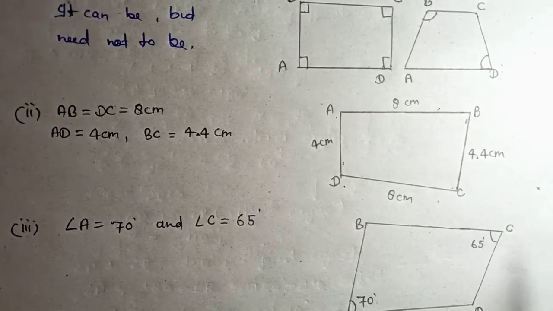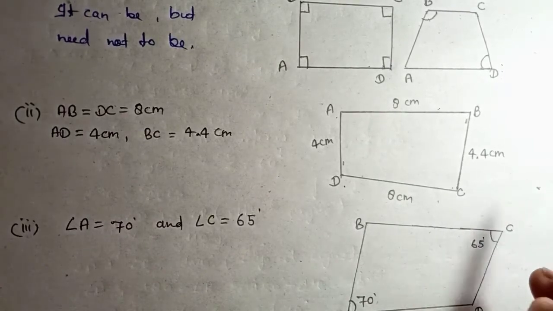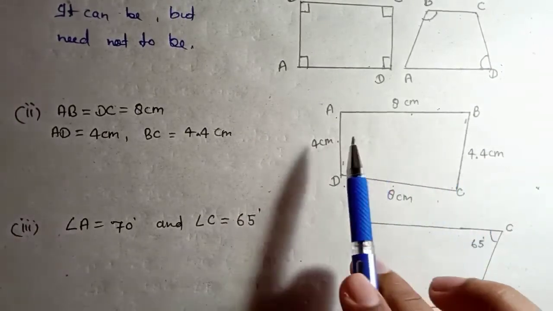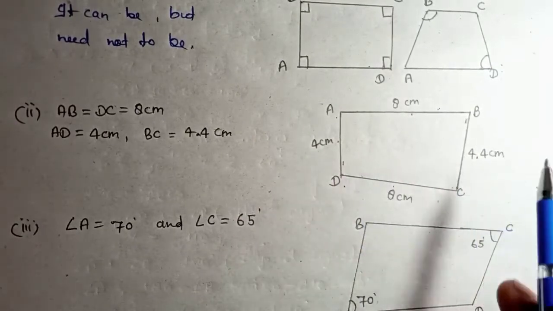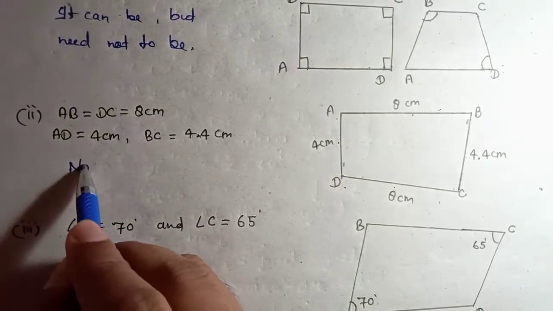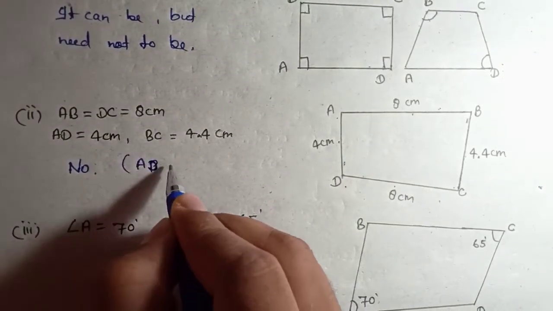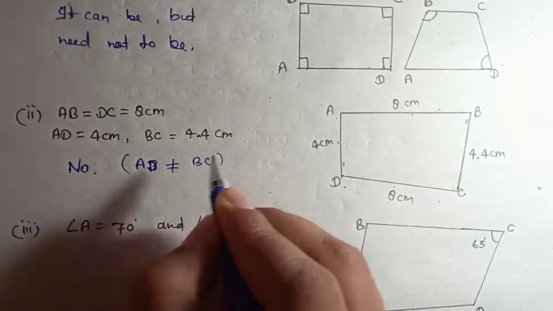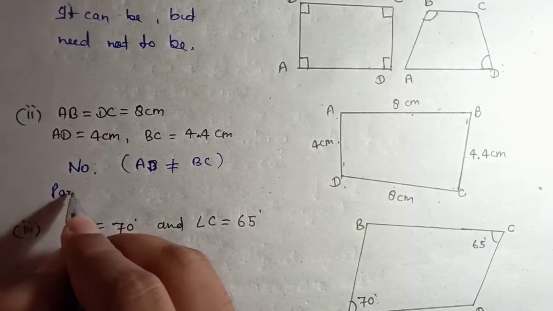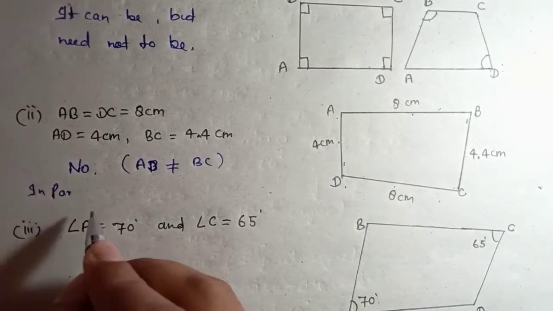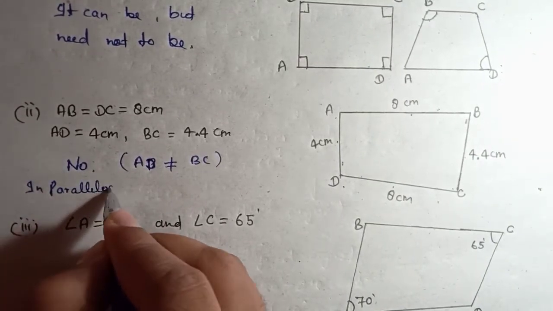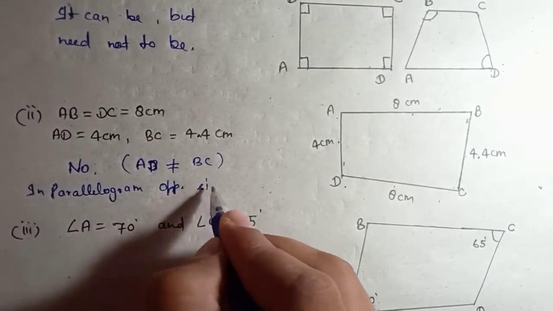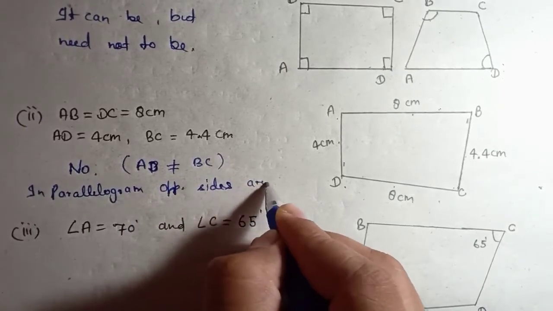No, because in a parallelogram these two sides are equal and these two sides which are opposite sides are not equal. So you can write here no. AD is not equal to BC. But in a parallelogram, opposite sides are equal.